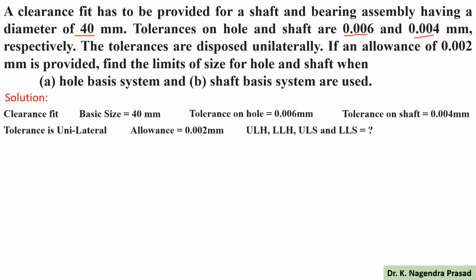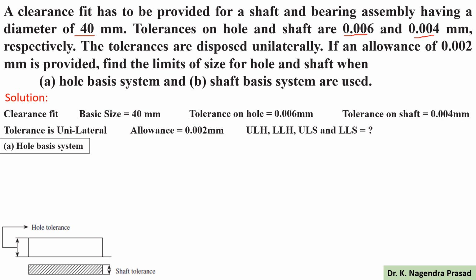So first we have to find these limits of the size based on the hole basis system. And we know that in the hole basis system, hole is kept constant and the shaft size is varying based on the type of fit.